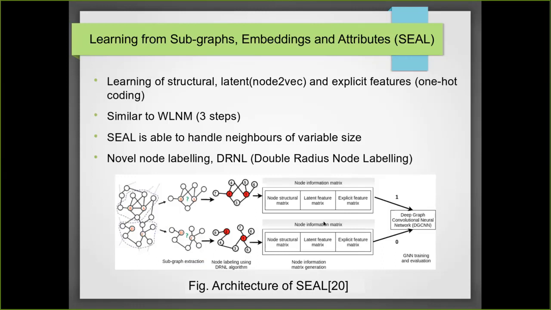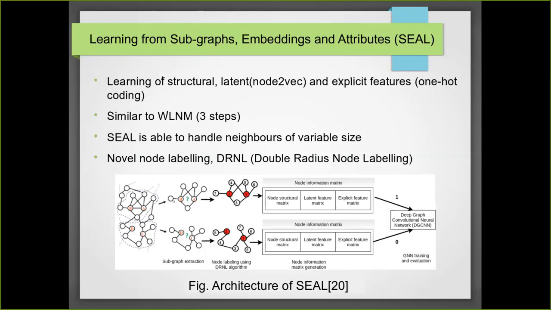And now SEAL. This is another popular graph neural network. SEAL learns structural, latent, and explicit features for the link prediction task. It is kind of a WLNM algorithm, actually an improvement of the WLNM algorithm.